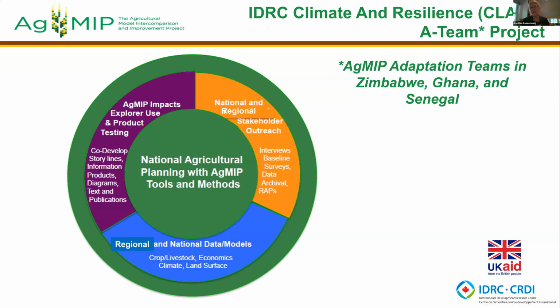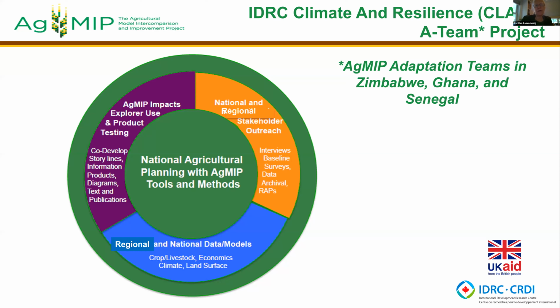This is an exercise in which the A teams engage with regional and national stakeholders to create visions of agricultural development in the regions and countries under study. So that's the orange part. You'll hear a little bit more about the stakeholder engagement momentarily.